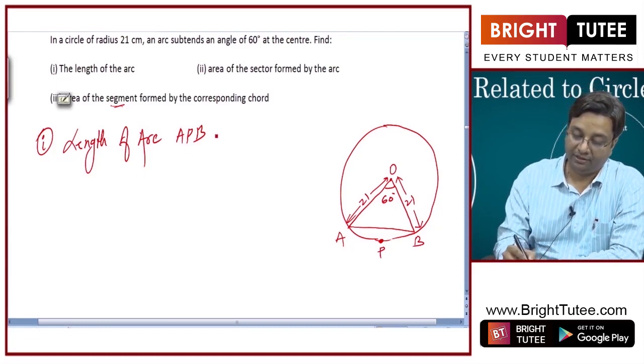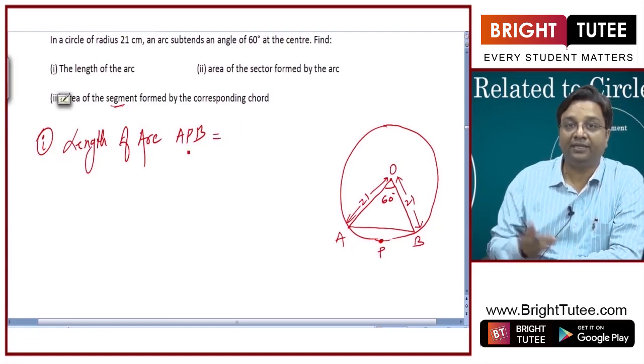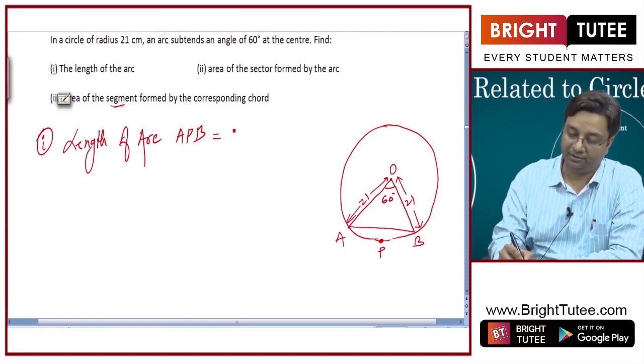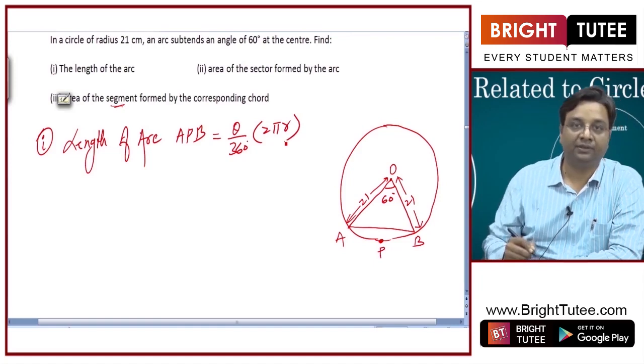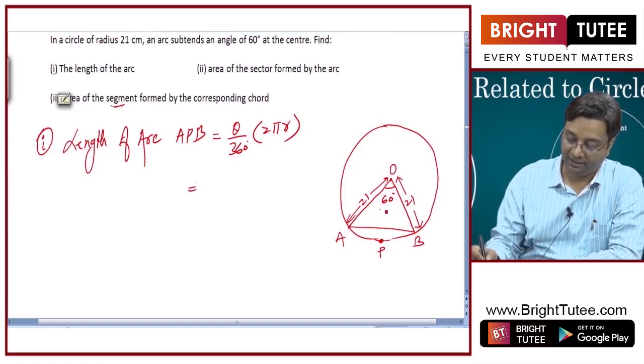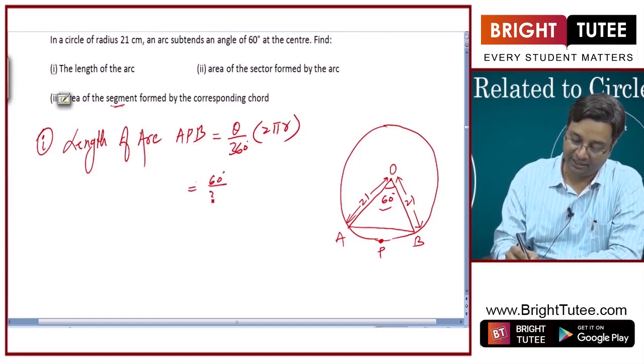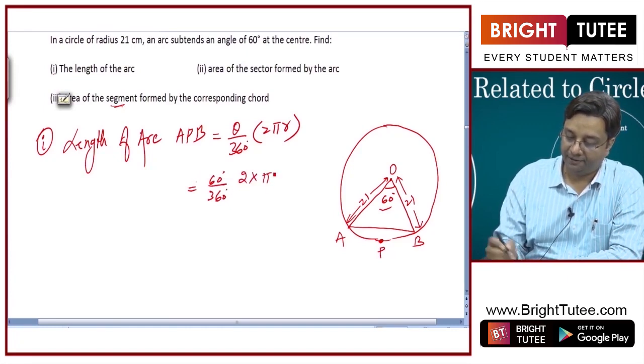What will be its length? It will be equal to theta by 360 into 2 pi r, right? So theta here is 60 degrees, 60 by 360, 2 pi r is 21.